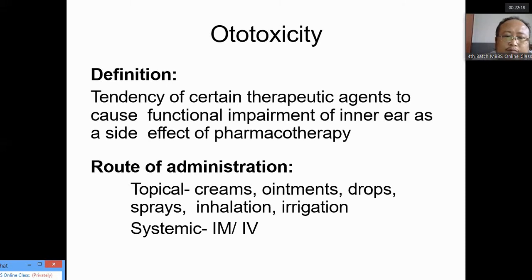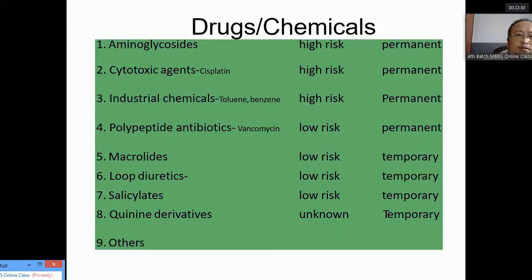It might be topical, irrigation, inhalation, drops, sprays, or systemic like intramuscular or intravenous. These are a few drugs or chemicals that may cause hearing loss.